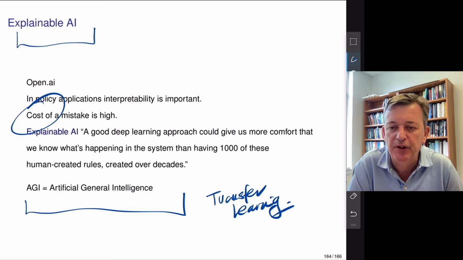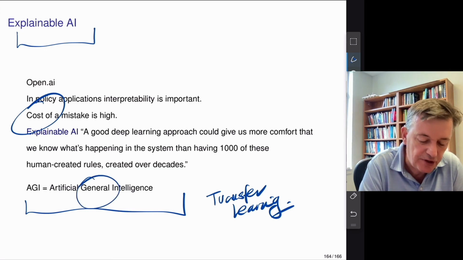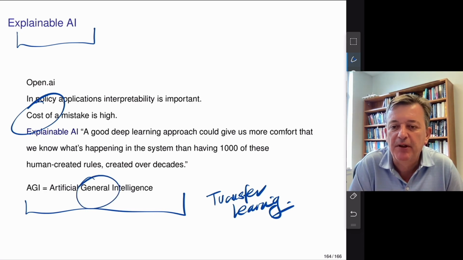Very similar to the AlphaGo Zero idea that there was no need for human input in the Alpha Zero idea. So that's called artificial general intelligence, and someone like Elon Musk would be worried that the AI is going to become smart enough to take over the world and decide that humans really aren't that useful.